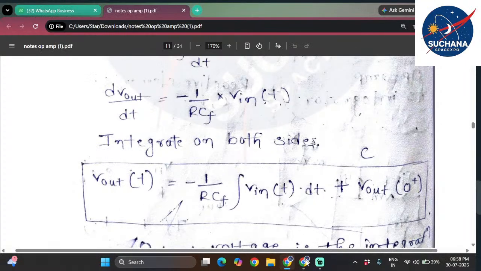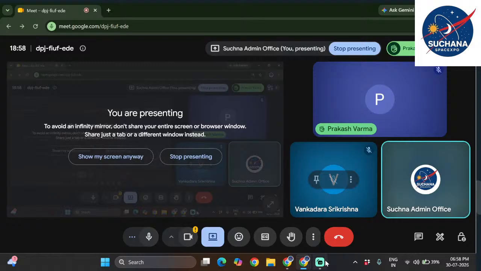So up to here everything is clear? We derived an expression which states that the output voltage is a function of integration of the input voltage.